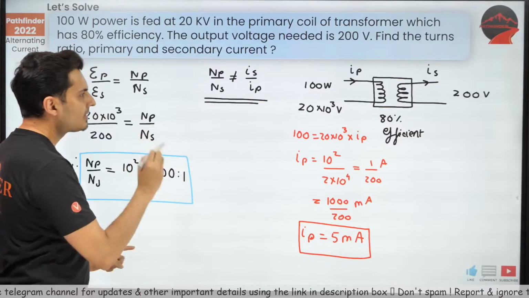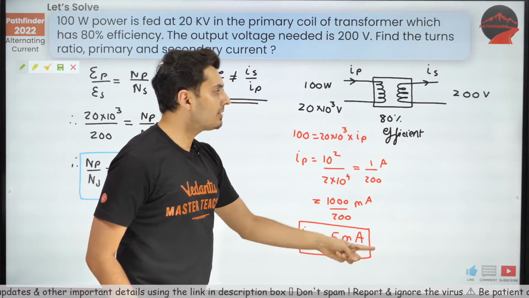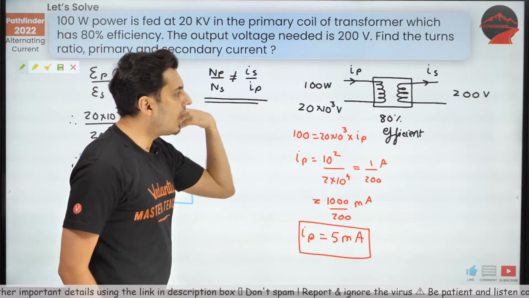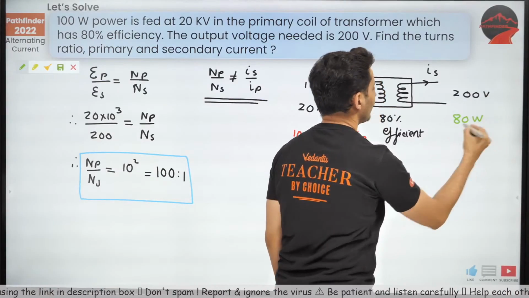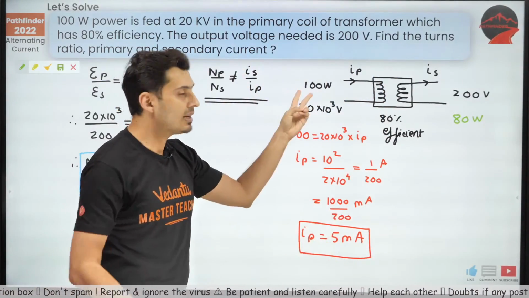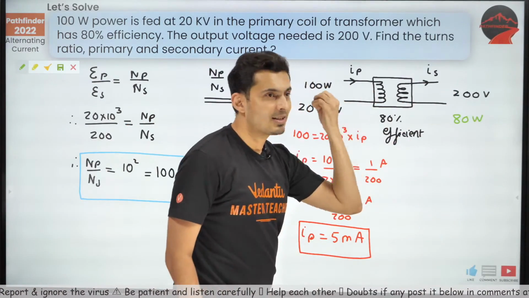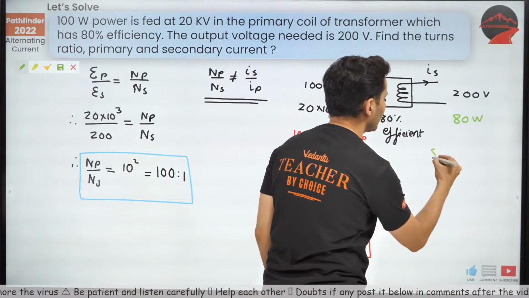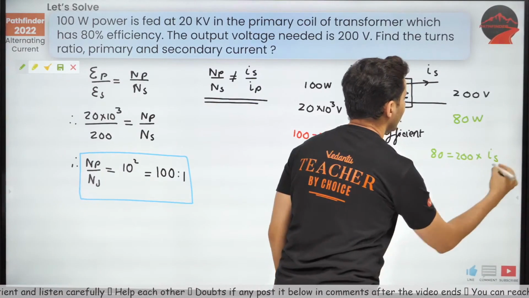It's very easy. 100 watts is input. It's 80% efficient. That means on the output side, what will be the power? It will be 80 watts because of this 80% efficiency. 20%, that is 20 watts, is lost. And what is power? Power is voltage into current. So 80 is 200 into the secondary current.